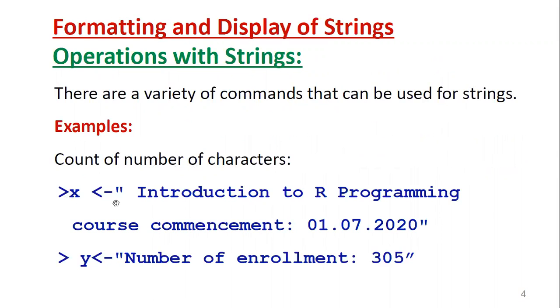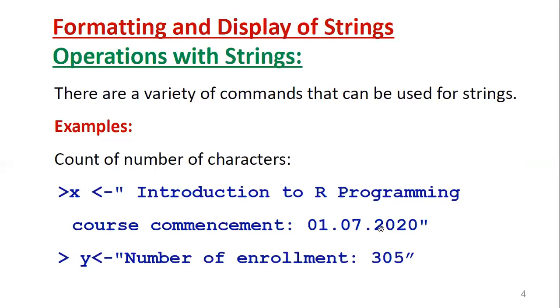First, let us take one example. Here we are taking two strings in different vectors. The first one, vector X, consists of "Introduction to R programming course, commencement date: 1st July 2020". Then the second vector consists of the number of enrollments, "305 enroll".